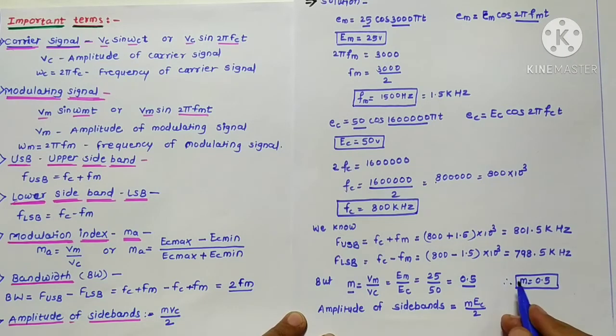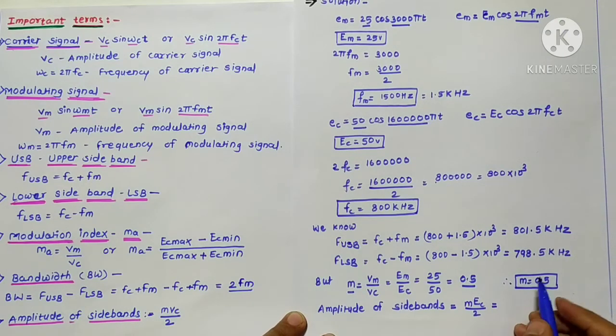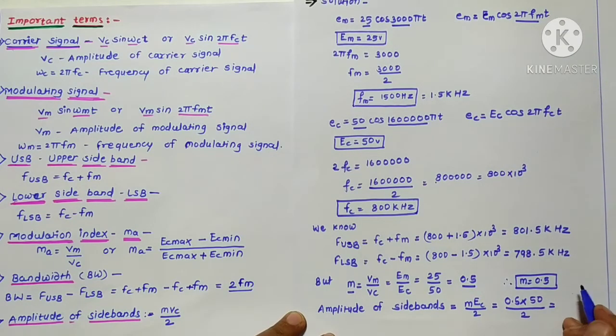So it is given here M is 0.5, Ec is 50 upon 2. So finally the amplitude of sideband is equal to 12.5 volt.